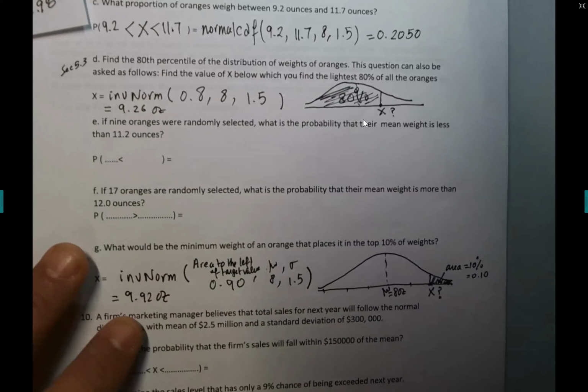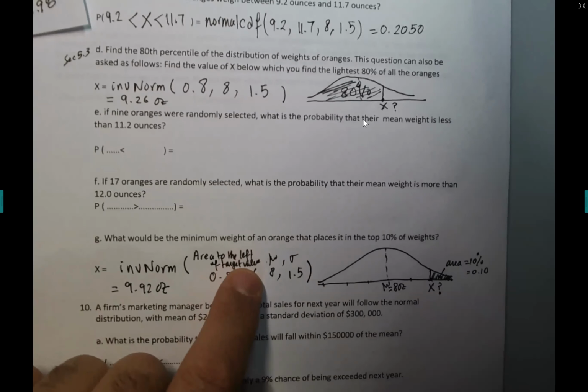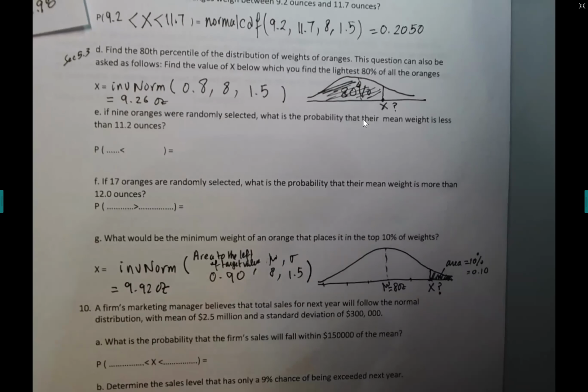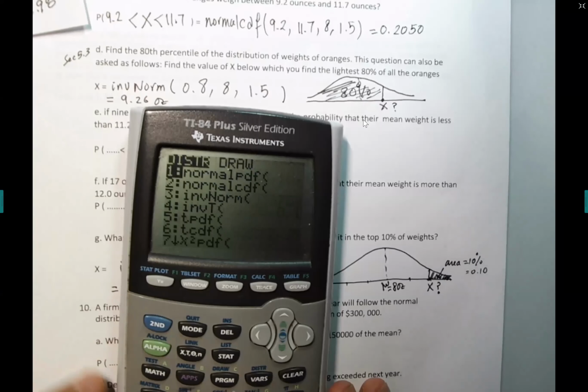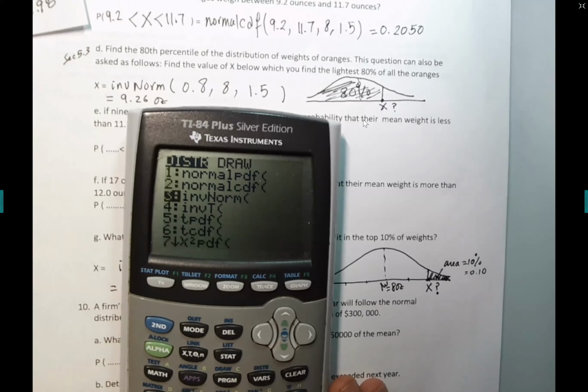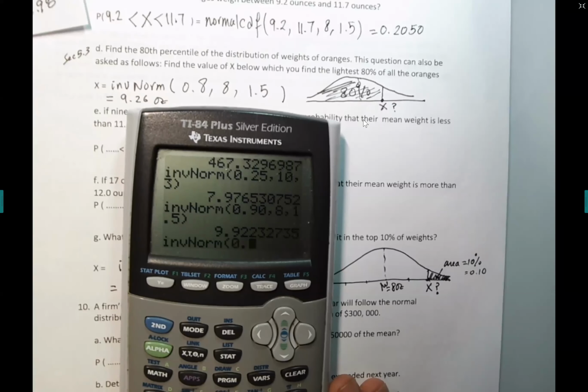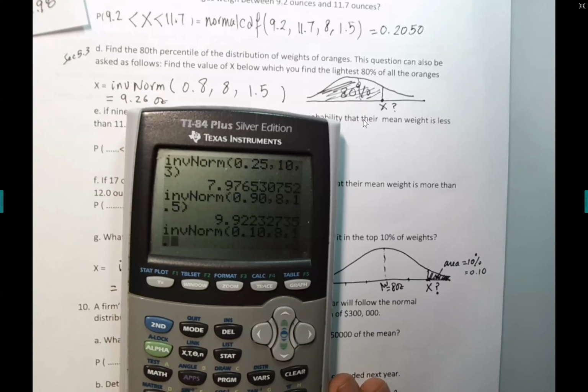Now, let's say, guys, you made a mistake and you put 10% here. I'm going to show you how to use common sense to know that your answer is wrong. Let's do the 10%. So put 0.10, comma 8, comma 1.5.